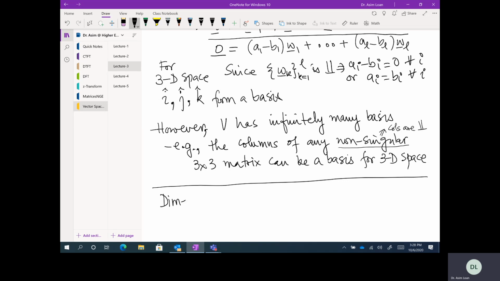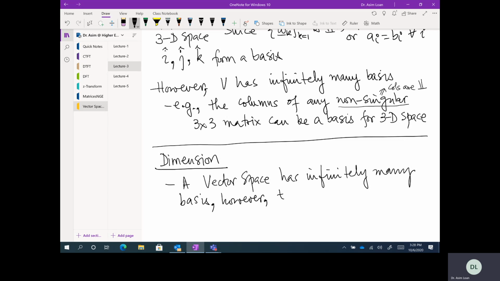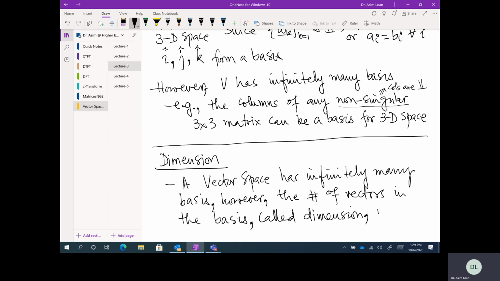So the last one is, how do we define dimension? A vector space has infinitely many bases, however the number of vectors in the basis, called the dimension, is always the same.